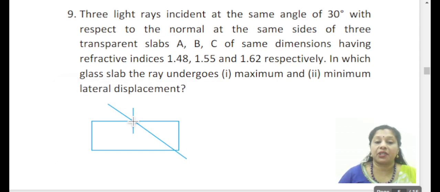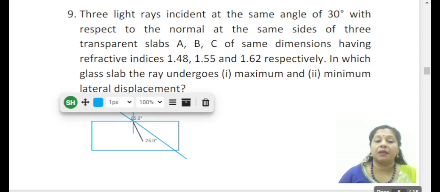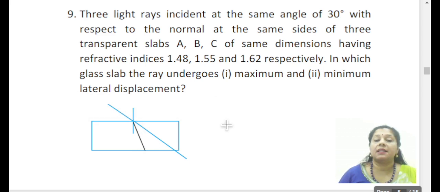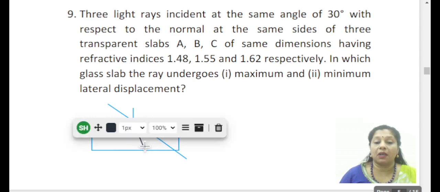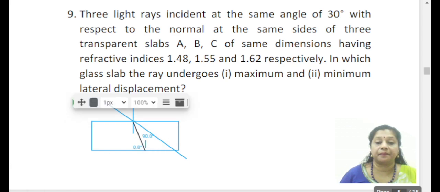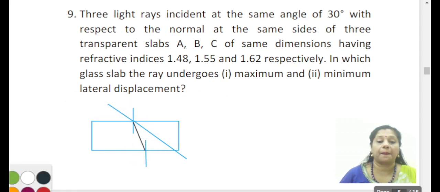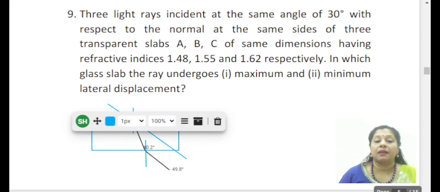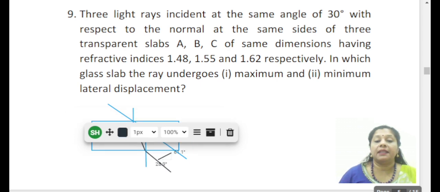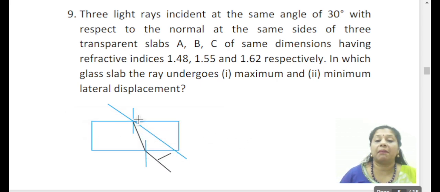but due to refraction, the refracted ray will bend towards the normal since it is entering from air to glass, which is rarer to denser. At this place, again there is a normal. Now the ray will be going away from the normal, making a distance between the actual path, which was supposed to be if there was no glass slab, and the new path.